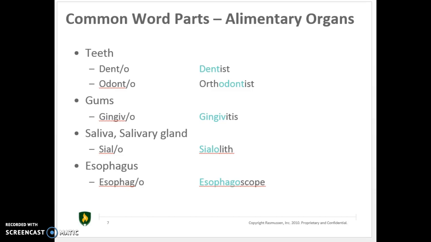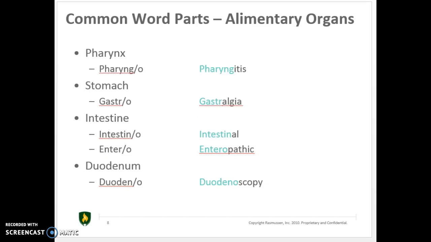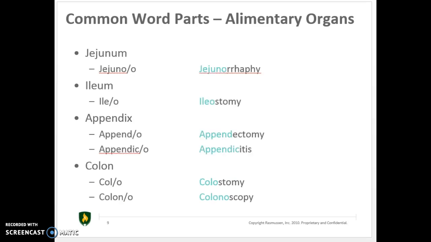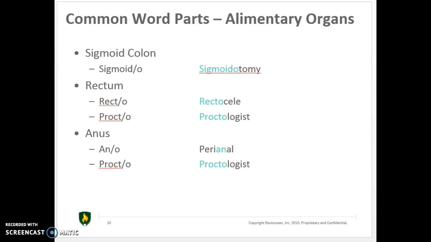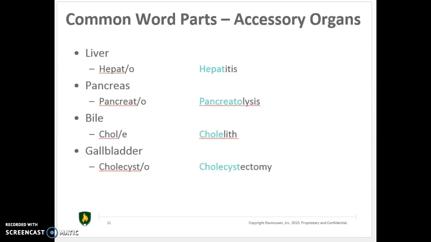Then dentist, orthodontist, gingivitis, sialolith, esophagoscope, pharyngitis, gastralgia, intestinal, enteropathic, duodenoscopy, jejunography, ileostomy, appendectomy, appendicitis, colostomy, and colonoscopy, sigmoidotomy, rectocele, proctologist, perianal, hepatitis, pancreatolysis, cholelith, cholecystectomy.